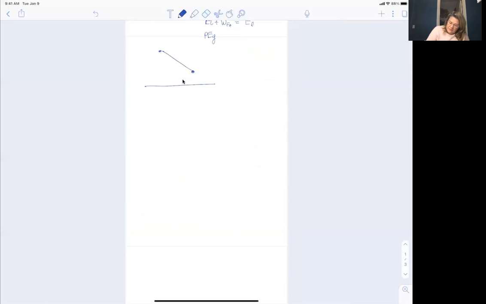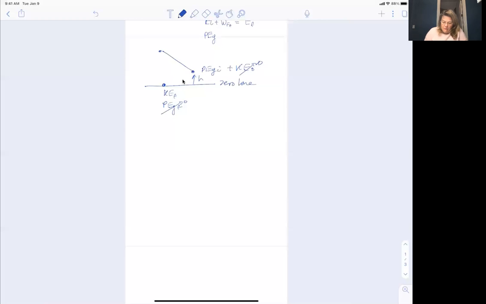If I have some initial height and I drop down to maybe what's considered my 0 line, energy is conserved, so the potential energy due to gravity initial will equal the kinetic energy final if I drop it from rest, because the kinetic energy initial is 0, and the potential energy due to gravity final is also 0. So I'm converting back and forth between potential energy due to gravity and kinetic energy if I assume air resistance is 0.